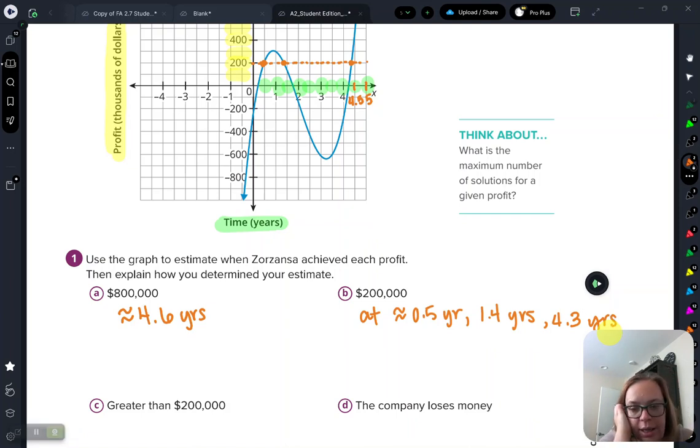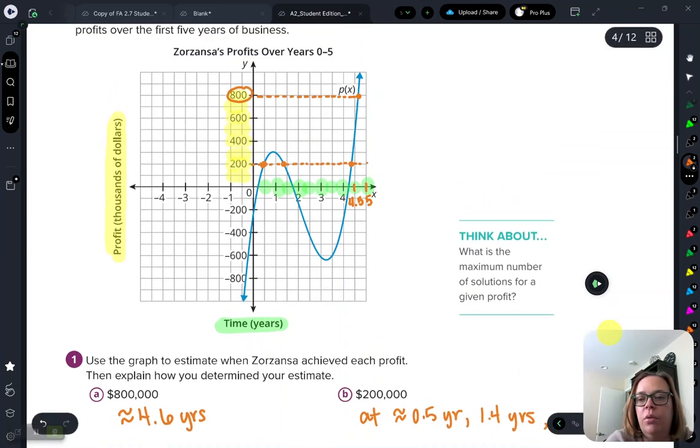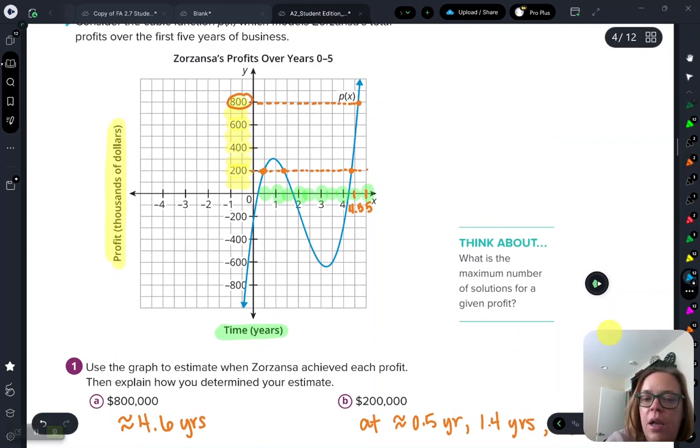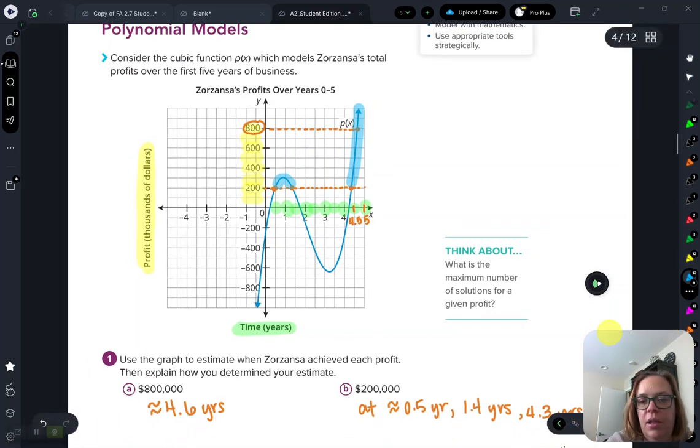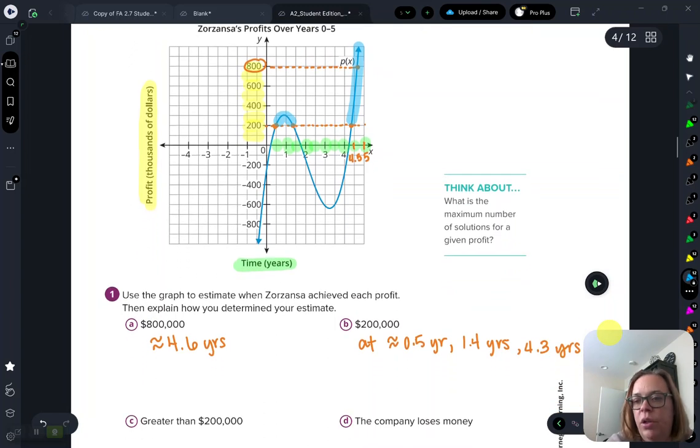Okay, C, a profit that's greater than 200,000. So greater than 200,000, you want to look above that line that we just drew. So between these two and this whole section is all the parts of the graph that are greater than that line at 200,000.